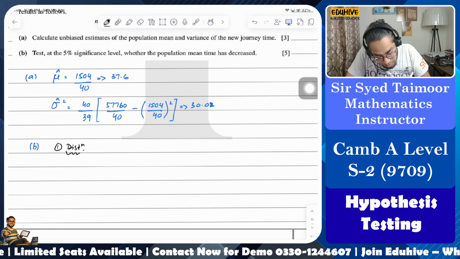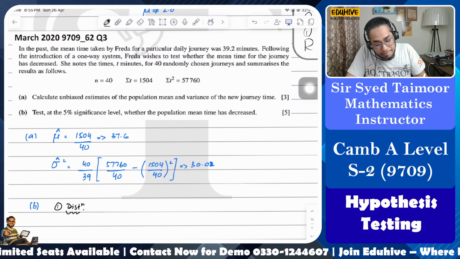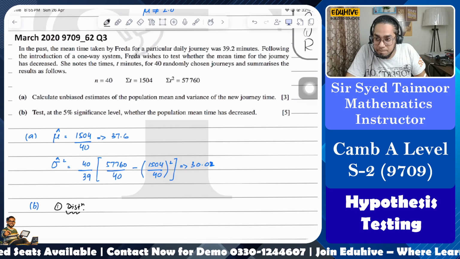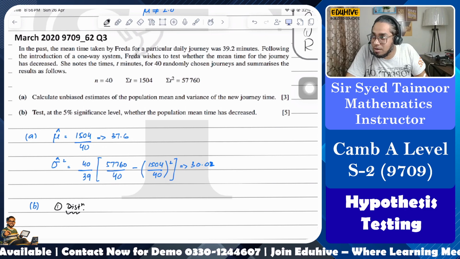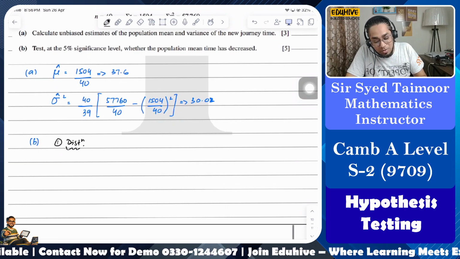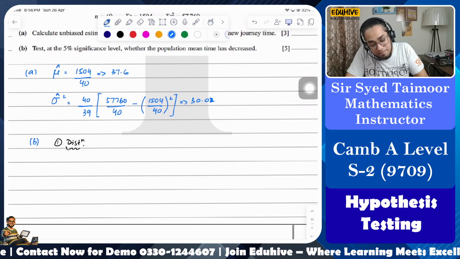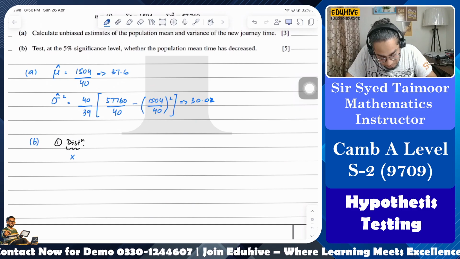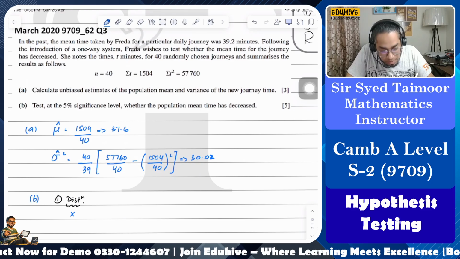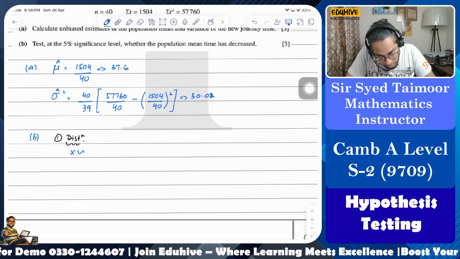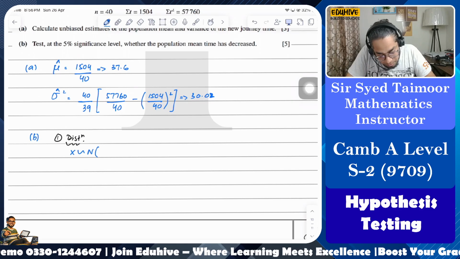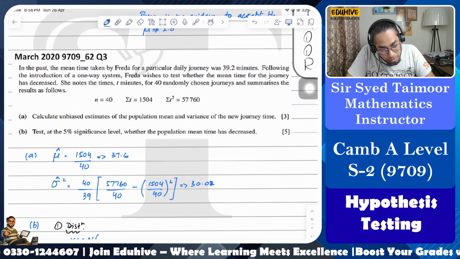What is the distribution, beta? Yes, greater than 40, no? So X follows the normal distribution. The mean, what was the mean? 39.2.